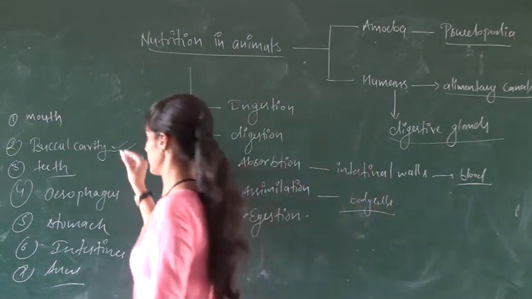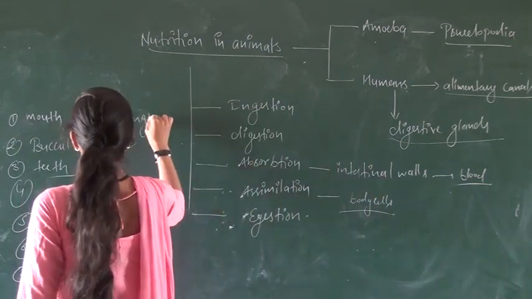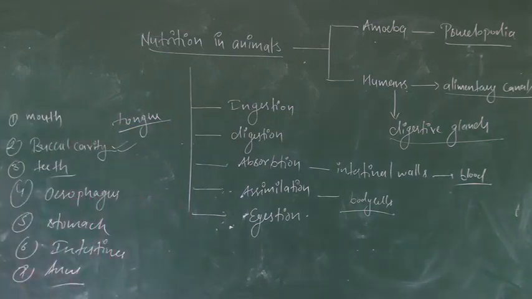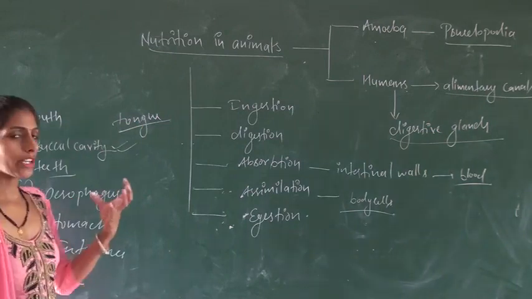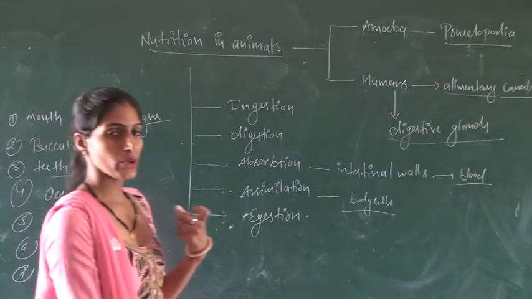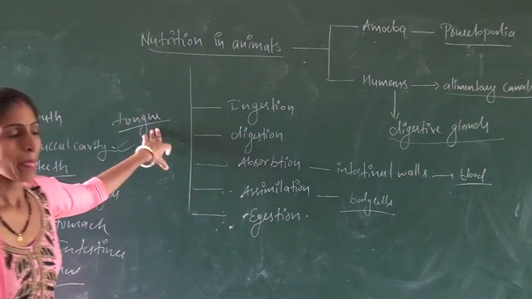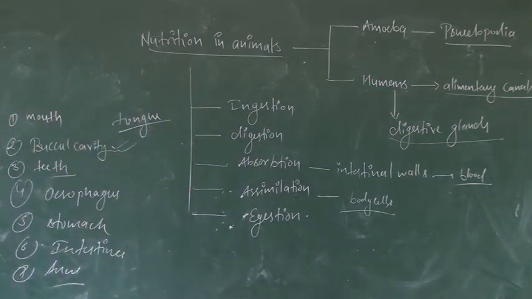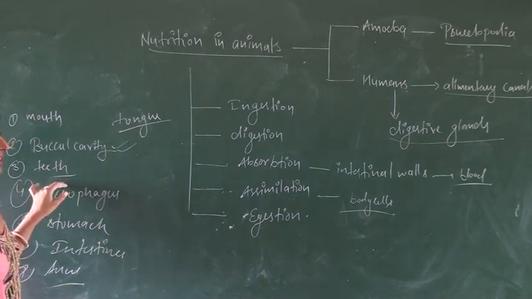The front part of the tongue detects the sweet taste, the side parts detect the sour and the salty, and the back part of our tongue detects the bitter taste. Okay? After that, our food goes into chewing by our teeth.